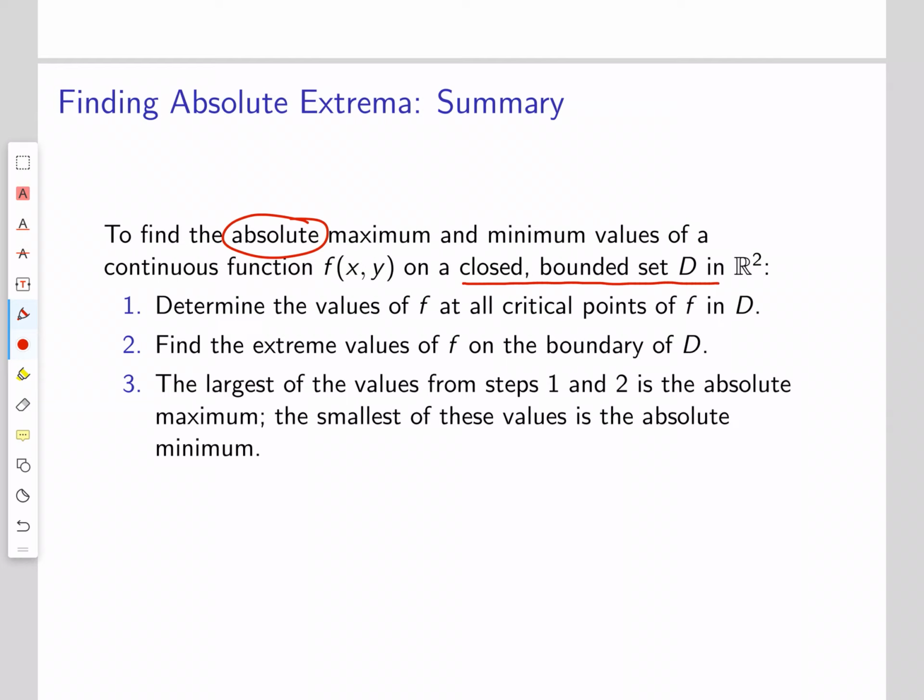If you remember from the first calculus class, such an absolute extremum can occur either at the interior of a closed interval or at one of the endpoints. And it's the same thing over here.